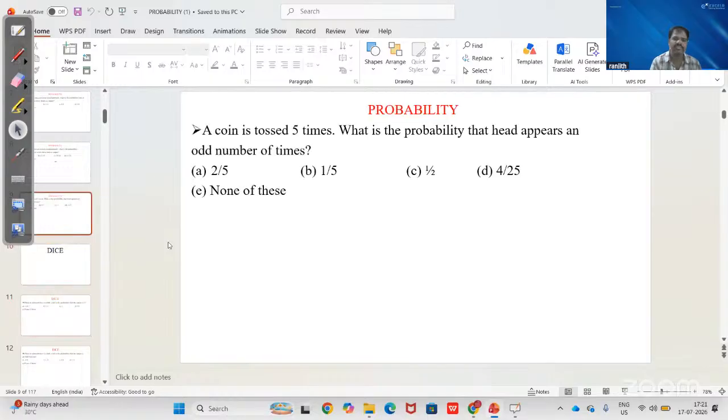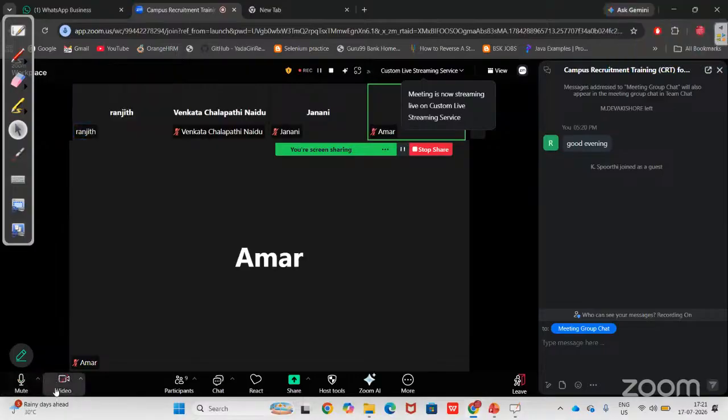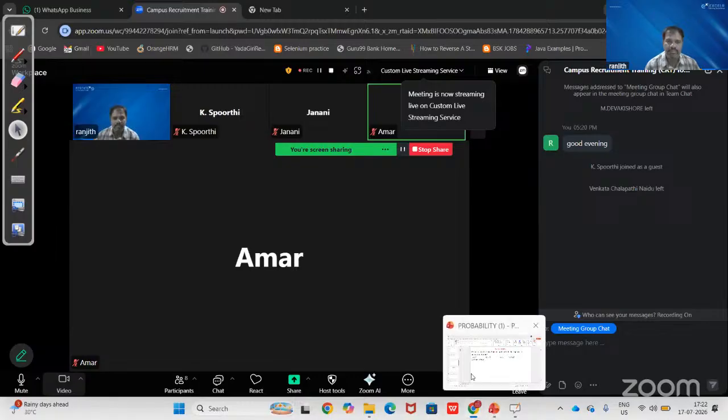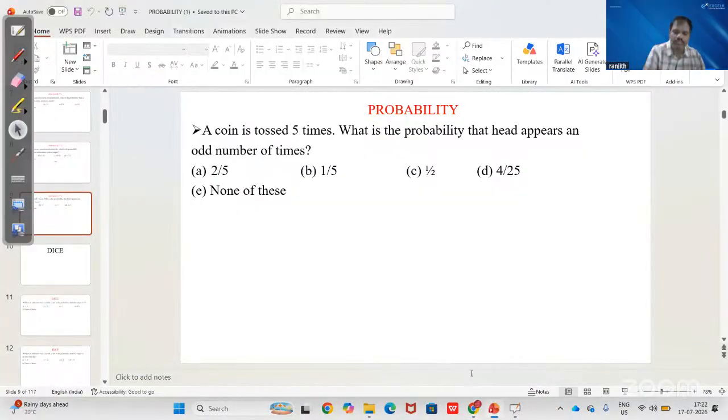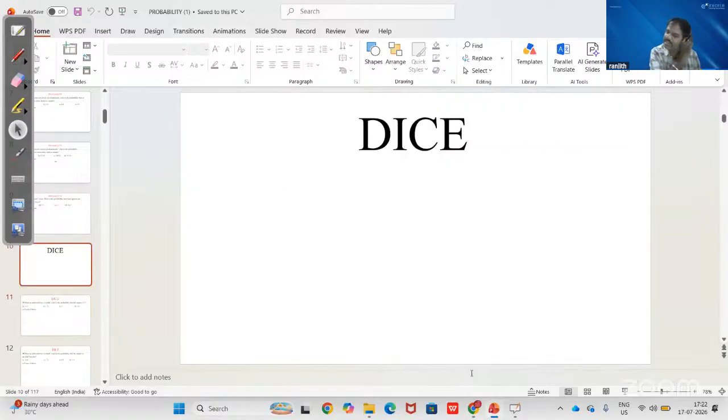Next we will discuss the dice concept. What do you mean by a dice? Let's see the basic introduction of dice.